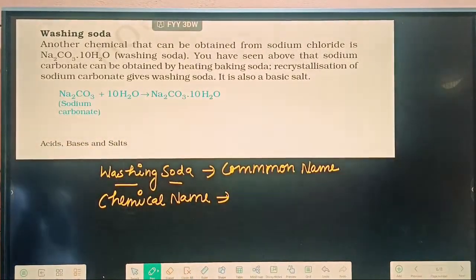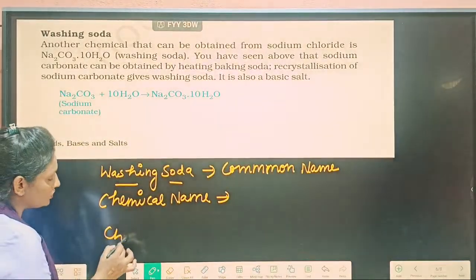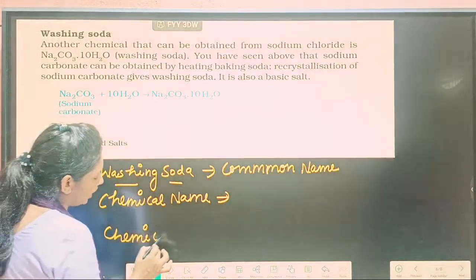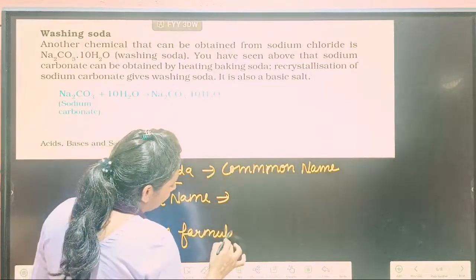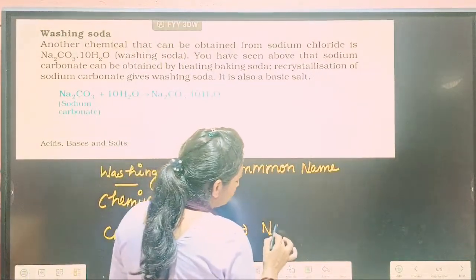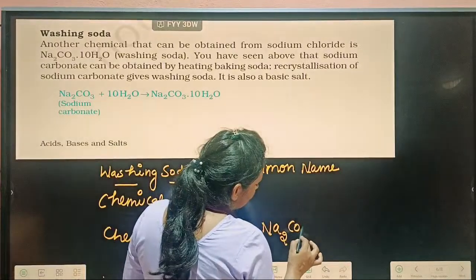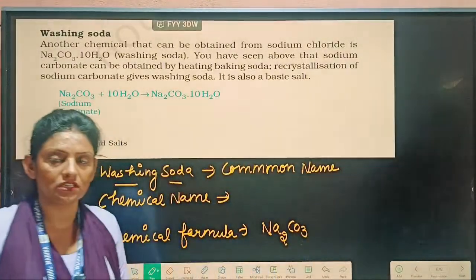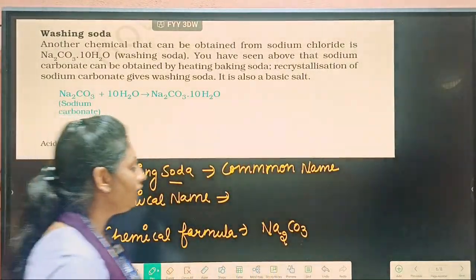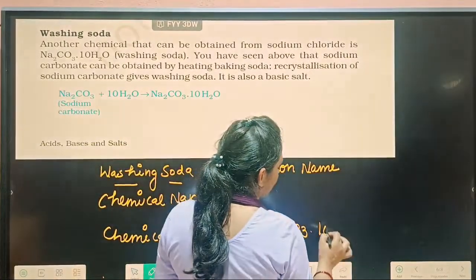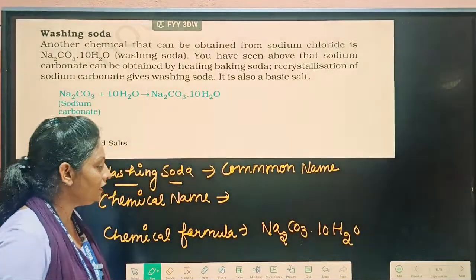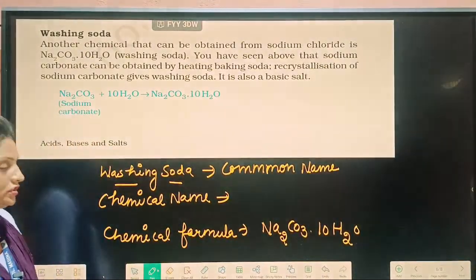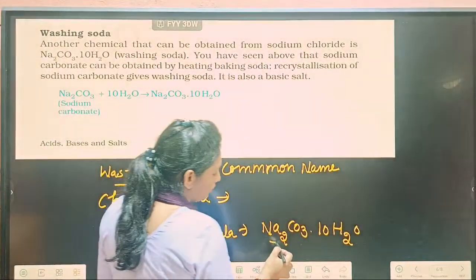Before knowing the name, we should know about the formula. The chemical formula is Na2CO3. This is sodium carbonate. When 10 water molecules are also contained by this, then it is washing soda.